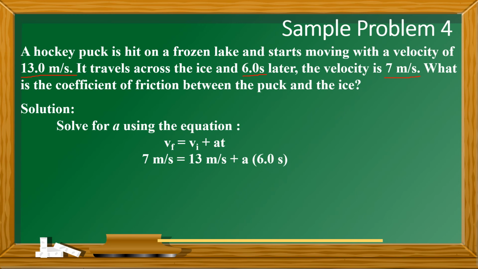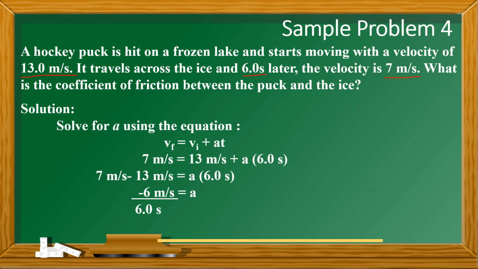Simplifying, 7 meters per second minus 13 meters per second is equal to a times 6 seconds. 7 minus 13 gives negative 6 meters per second.